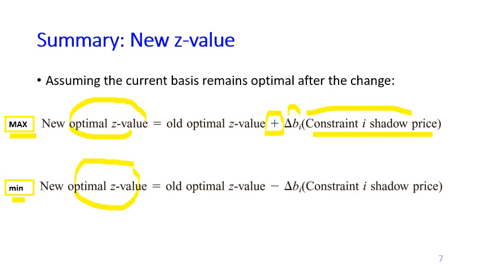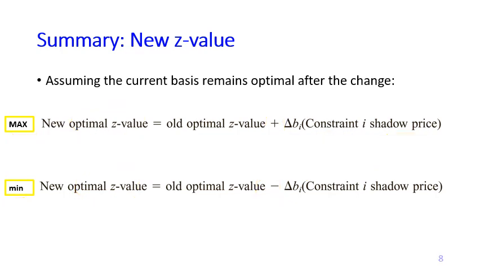For a minimization problem, the sign is minus the change times the shadow price. The reason is because for maximization, the improvement is that you're going to increase your z value. For a minimization problem, the improvement is you're going to decrease your z value.